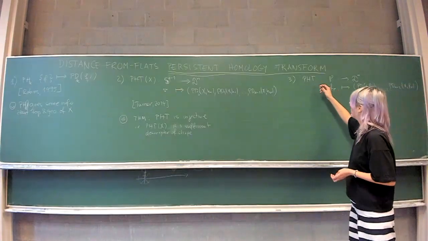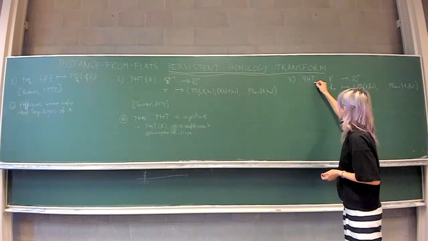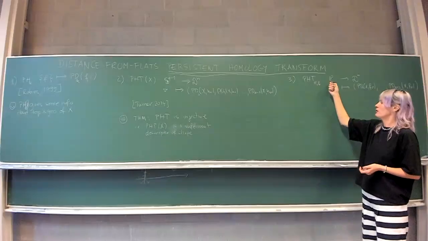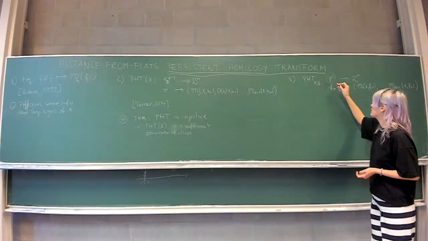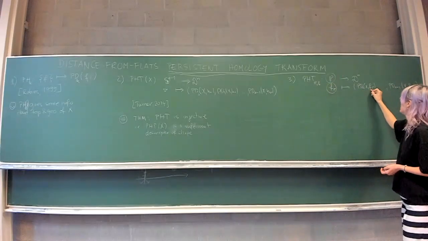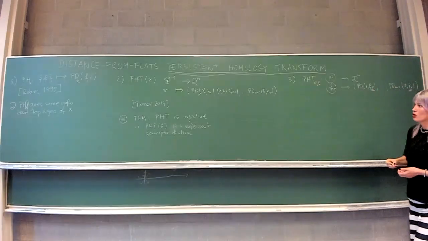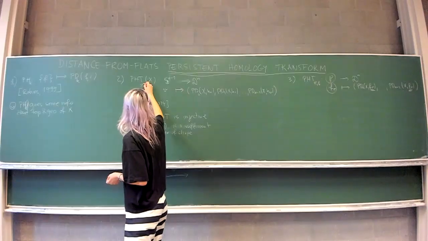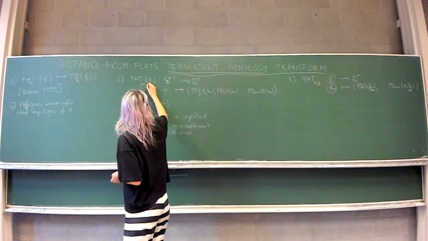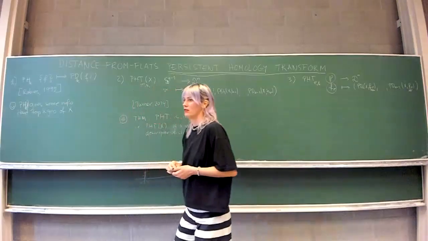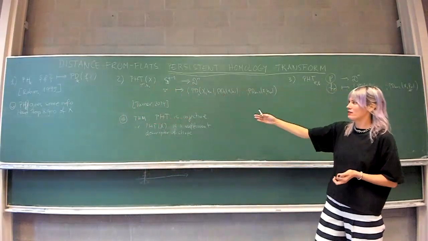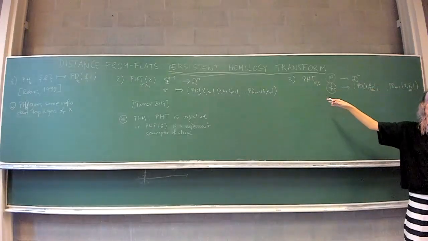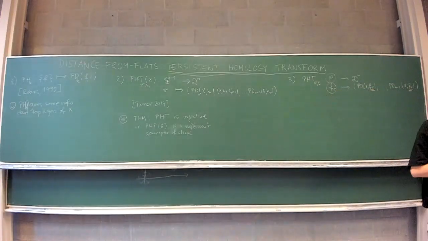So we generalize this, and what is different is this. You see that this is different, and then this is different. So we call this the classical or the height persistent homology transform, and we call this the generalized persistent homology transform.